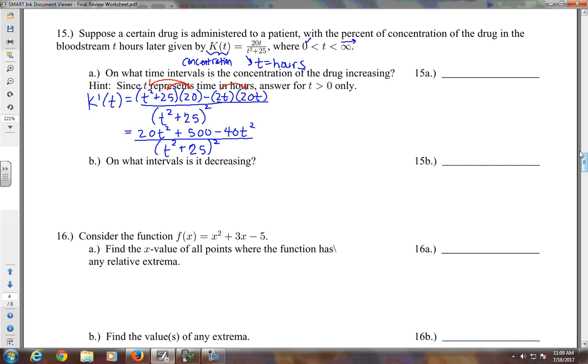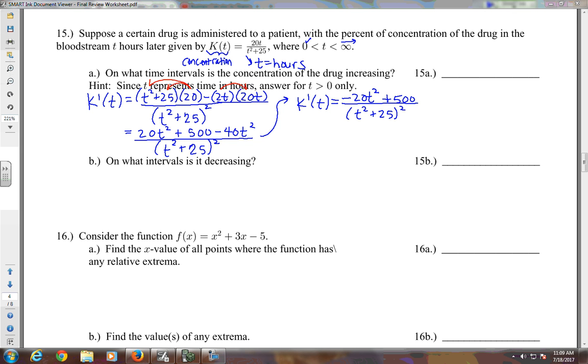Okay? Simplifying, we end up with k prime of t being negative 20t squared plus 500, divided by, and again, leave your denominator in this factored form.